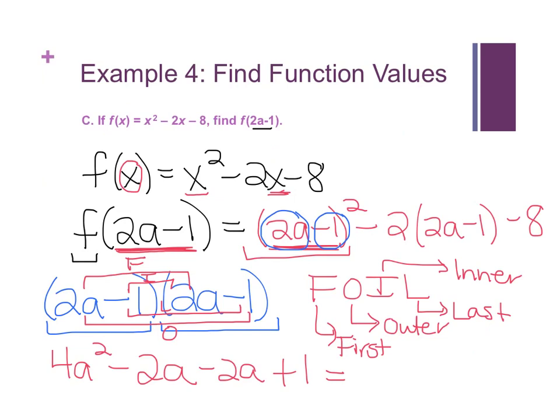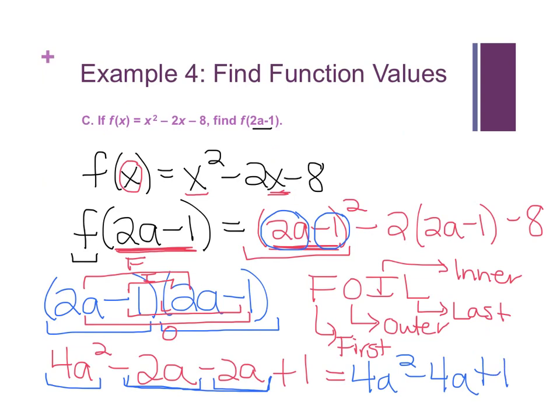So if I simplify here, I can combine like terms, in that the negative 2a and negative 2a are both like terms. To combine them, I get a negative 4a. So I still have my 4a squared there, a negative 4a because minus 2 and a negative 2 make negative 4, and then a plus 1 at the end.